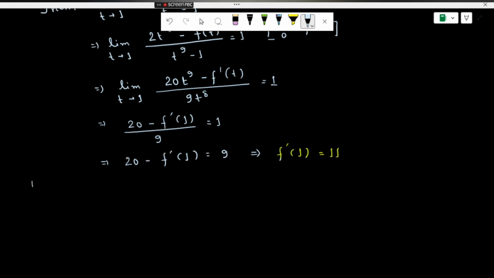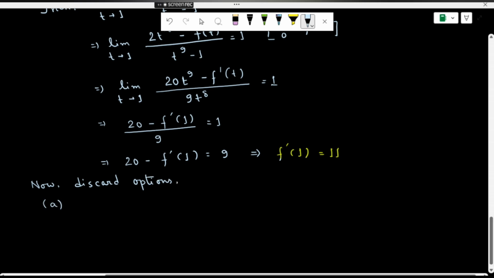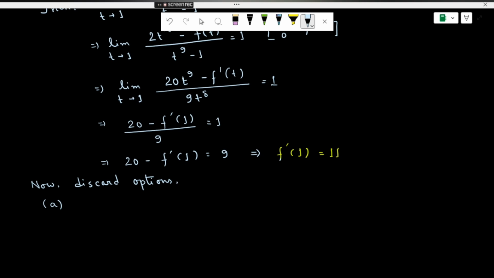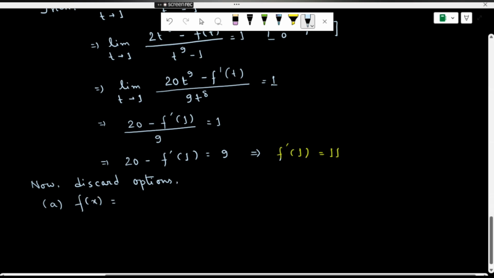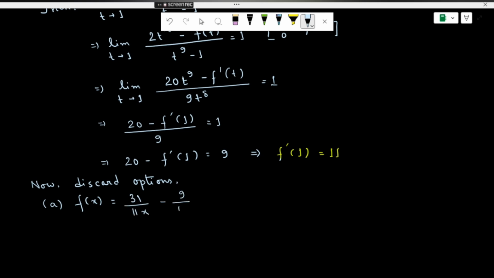So if we now try to discard the options by using this information that f dash 1 is equal to 11, let's check the options. Option A, f(x) equals 31 by 11x minus 9 by 11 x to the power 10.